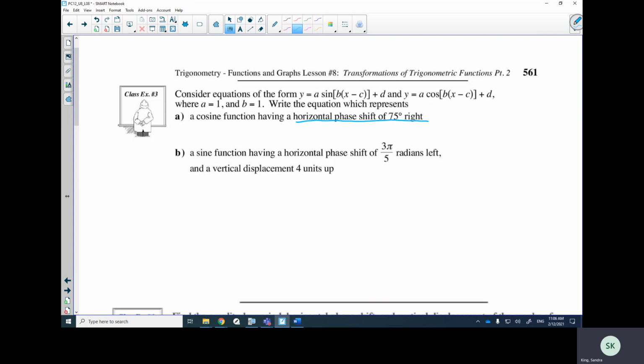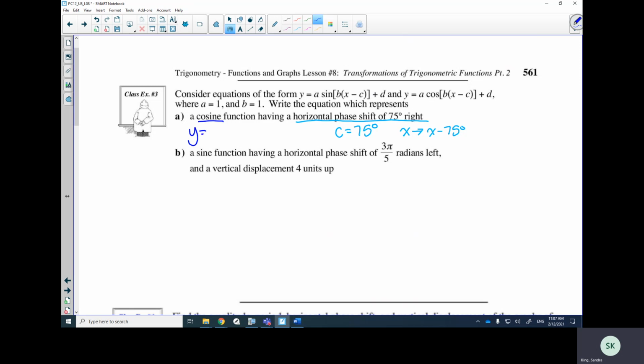So Logan, what would this be? C. Do you want me to write 75 degrees or negative 75 degrees? 75 degrees. Yeah. This is an X replacement. And in order to get 75 degrees, X is replaced with the opposite, X minus 75 degrees. They want a cos graph.